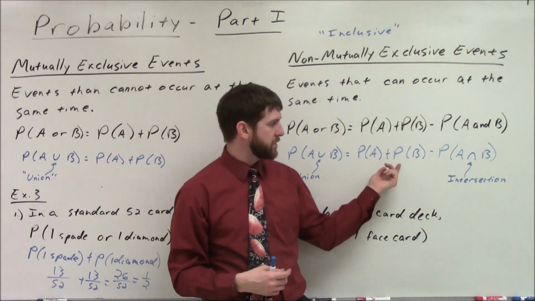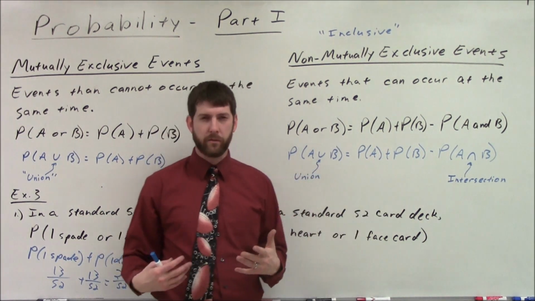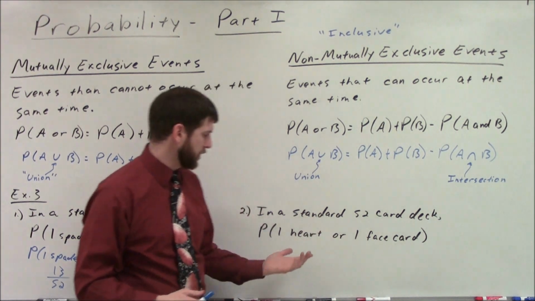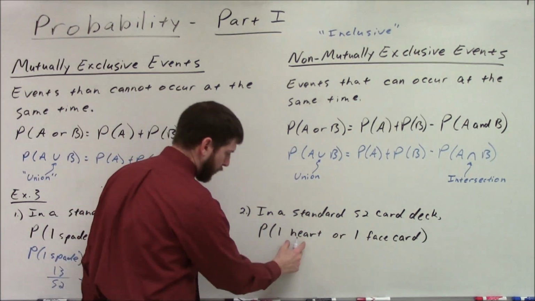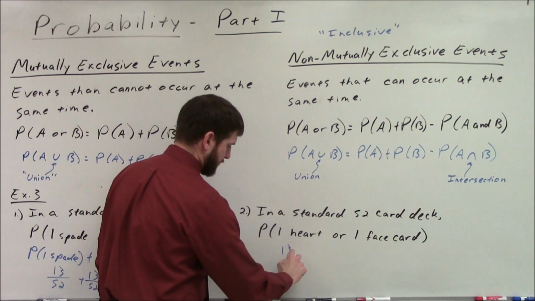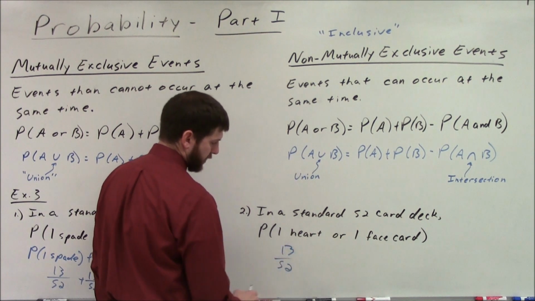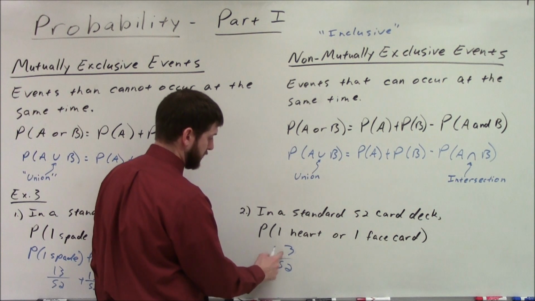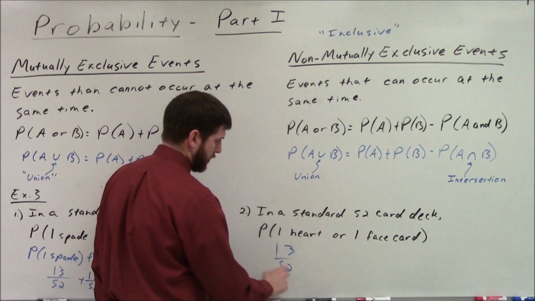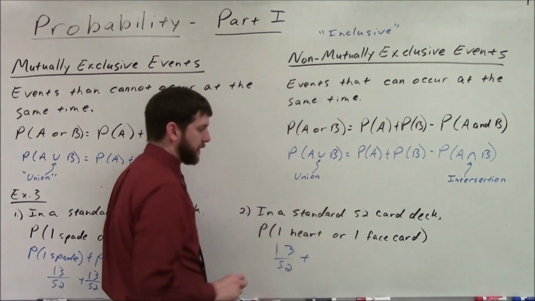So it's still A plus B, but what we've got to do is subtract that overlap. And think about what's going on here. If I want the probability of getting one heart, well, there are 13 out of 52 of those, plus the probability of getting a face card.